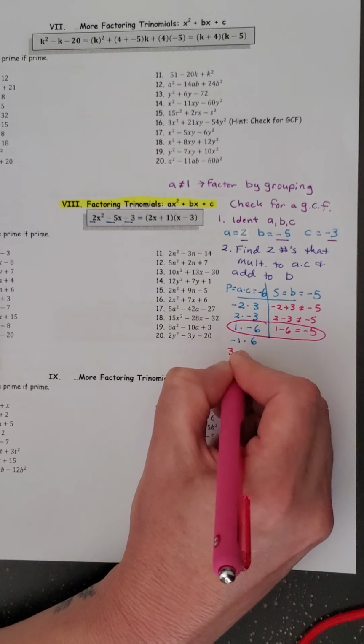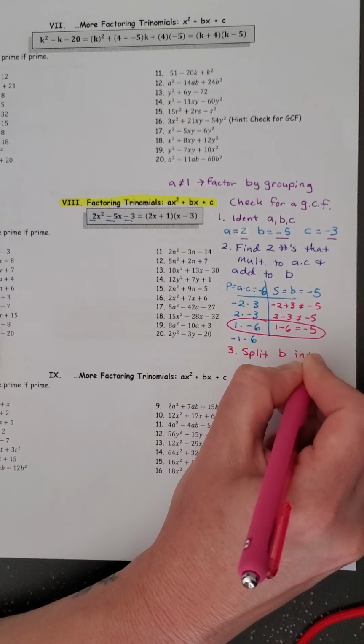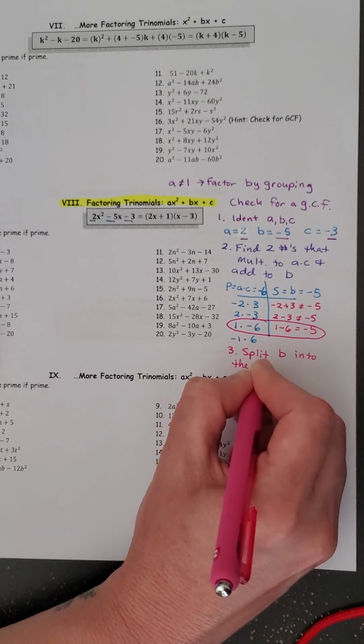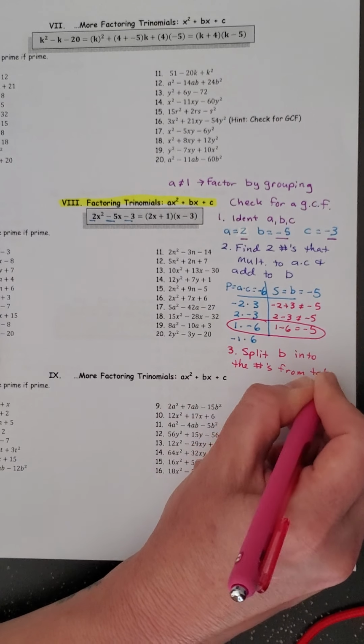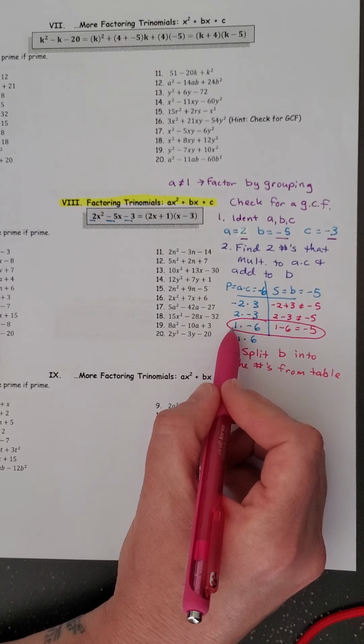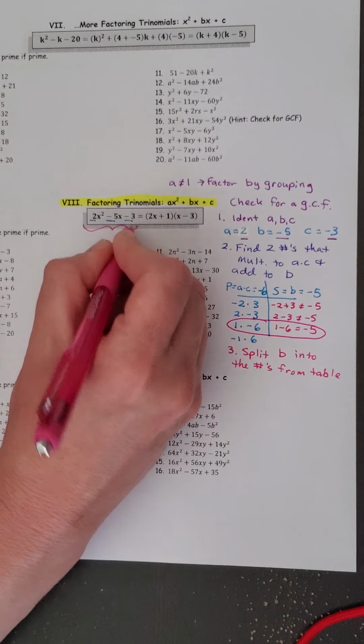So step 3, we're going to split B into the numbers from the table. The numbers I'm talking about are 1 and -6. So I'm going to rewrite my trinomial, 2x squared, and my last term C was -3.